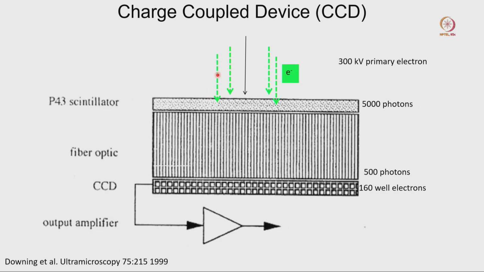Some simulation data showed that 300 kV electrons cross this barrier very fast, but 100 kilovolt or 200 kilovolt electrons travel in different directions. Sometimes they go back and hit the scintillator again.